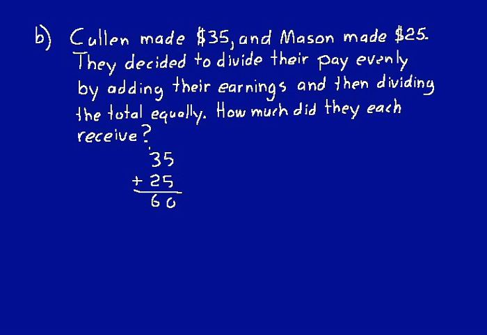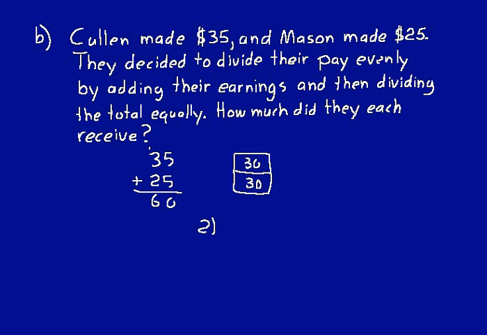Okay, so now they divide their total amount equally. We need to break that 60 into two equal groups. Now there's different ways you could do this. You could think of like what we did in Lesson 50, where we had maybe make two boxes and you had a total of 60. Half of it would go in one and half in the other, since we're making two groups here. So you'd have 30 in each group. You could use your division algorithm, and you're dividing 60 into two equal groups.